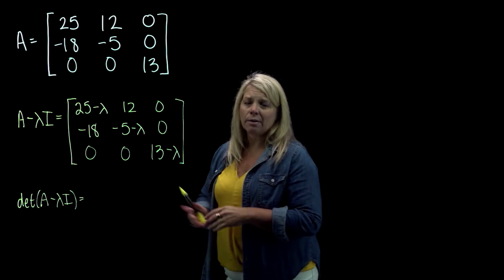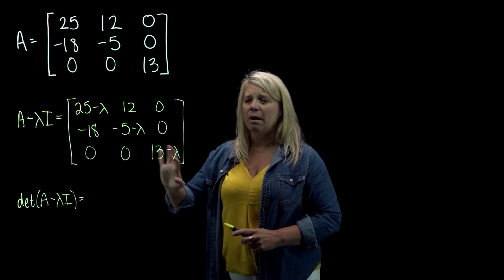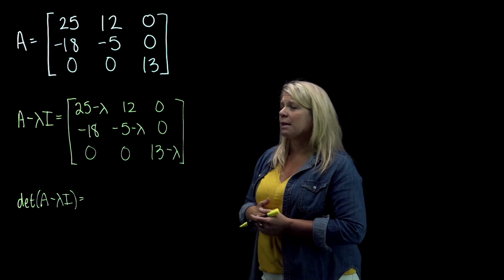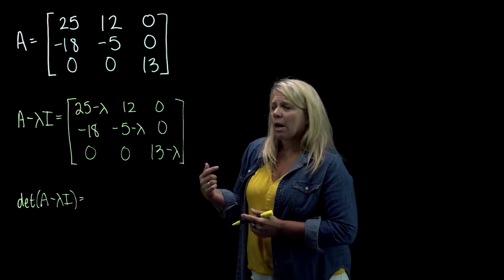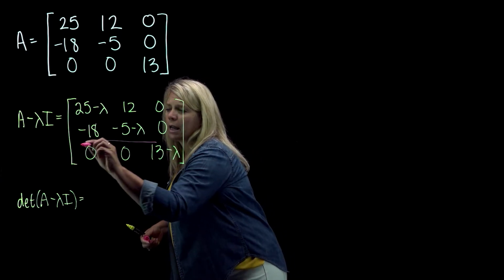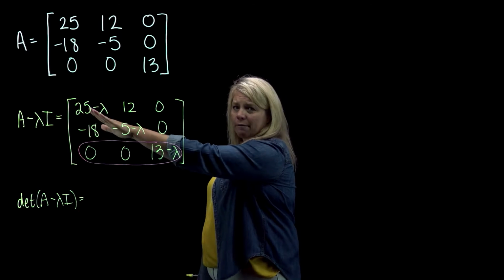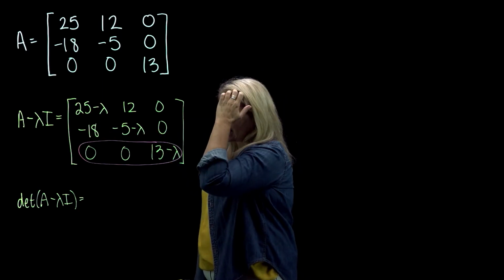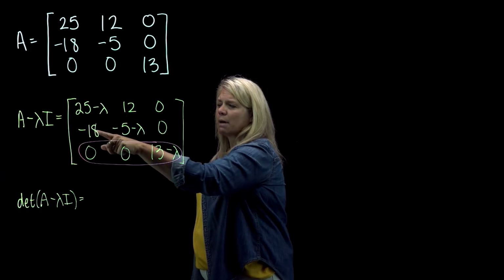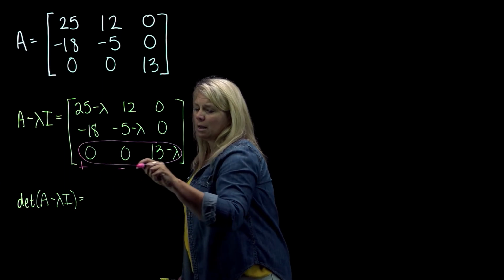We also talked about using that checkerboard pattern as a way to figure out what the signs are, the plus, minus, plus, depending on where you're at. Since I'm going to expand on the bottom row here, I'm going to think about just starting in the upper left corner. Just thinking about signs here, that would be plus, and then it's just a checkerboard pattern. So plus, minus, plus, minus, plus is what I am going to need here.